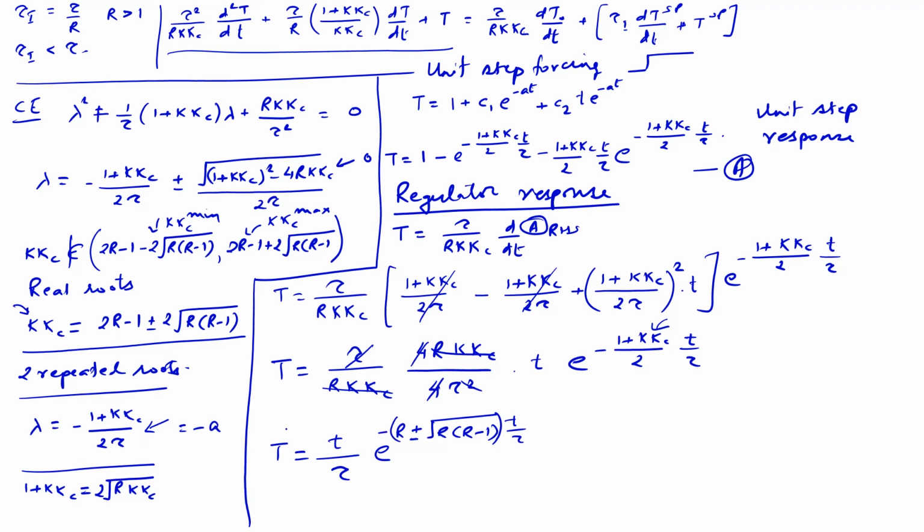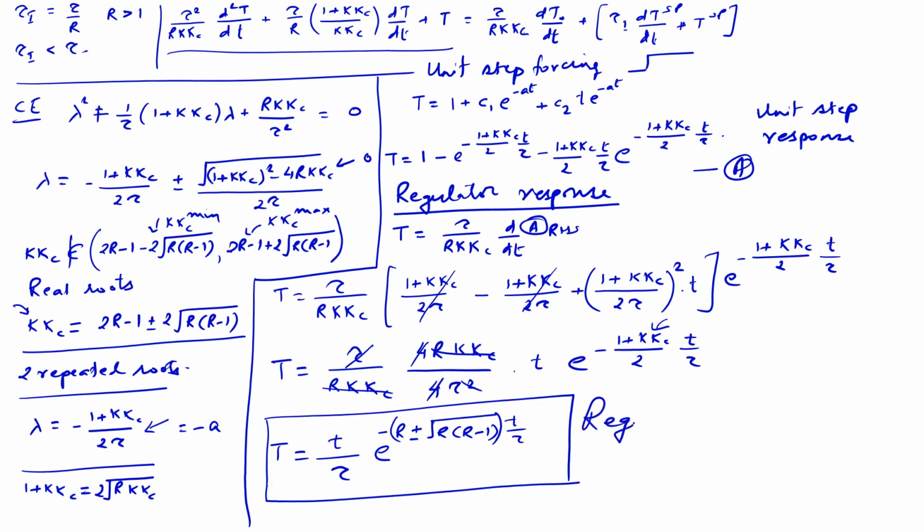So this is the regulator response for PI control of the heated surge tank, PI temperature control of the heated surge tank, using a tau I that is less than tau and kkc chosen such that you get real repeated root.